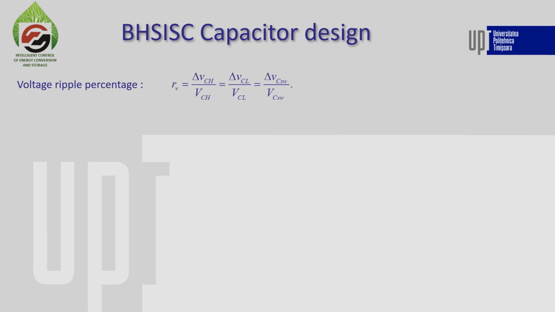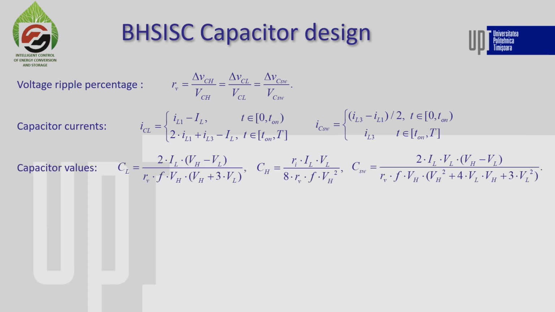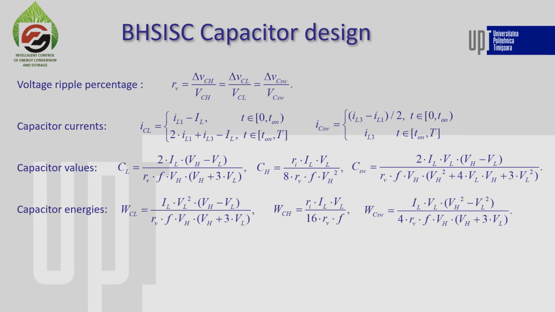We continue now with the capacitor design. We have here the same voltage ripple percentage for all capacitors. And then we write the capacitor currents, which help us calculate the capacitor values and their capacitor energies, resulting in the total capacitor energy, which very interestingly is an identical energy to that of the conventional buck-boost converter.